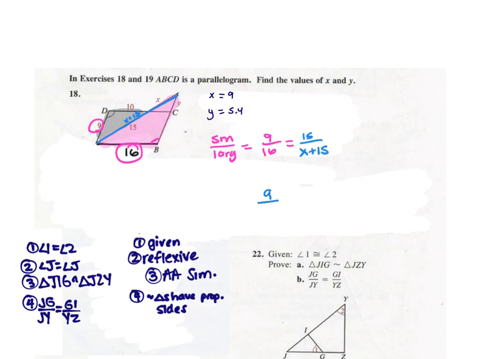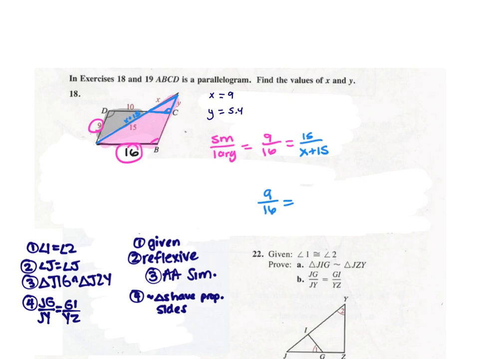And then 9 over 16 would equal the y is part of this side. Oh wait, I need to use the smaller triangle. You can also use the smaller triangle because these would be congruent angles. So that blue triangle would also be similar to the pink triangle because of the parallel lines and the reflexive angle.